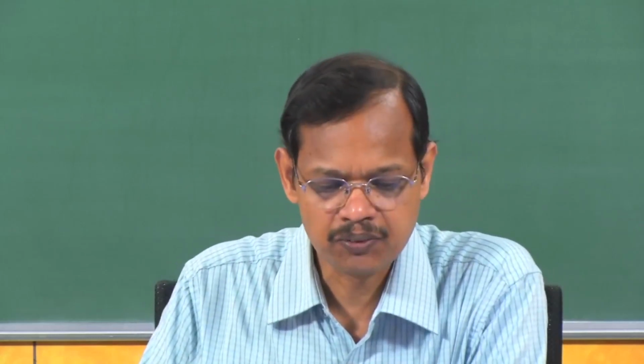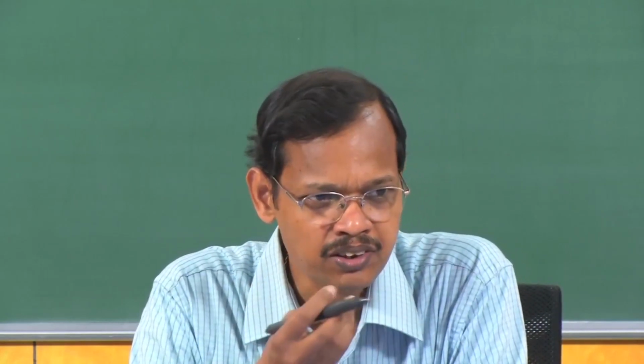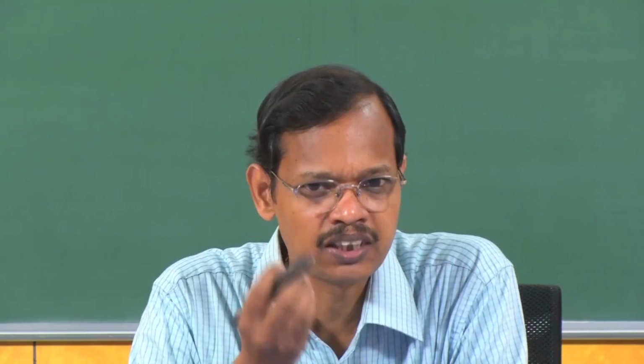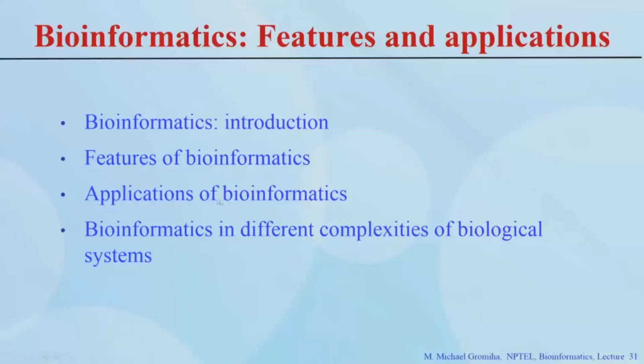Then we also discussed structure based drug design, and how the different bioinformatics tools and databases are useful to identify lead compounds for different drug targets. Then we discussed different applications of bioinformatics, and how bioinformatics contributes to the different complexities of biological systems.